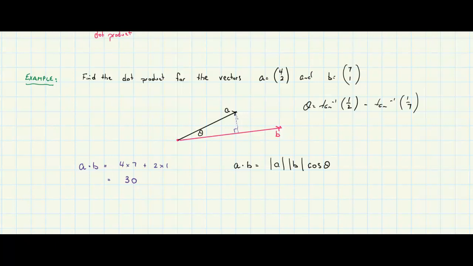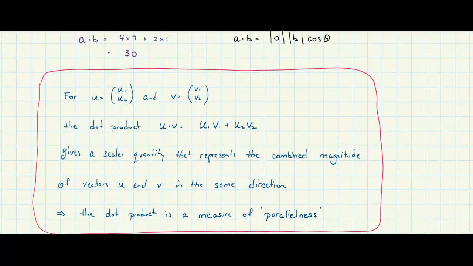So now we'll just take down a couple of notes, summarize what we've done, and then we can do some questions from exercise 11J. Okay, so just a little summary here for vectors u and v, u being u1, u2, and v being v1, v2. The dot product u dot v is u1 v1 plus u2 v2.